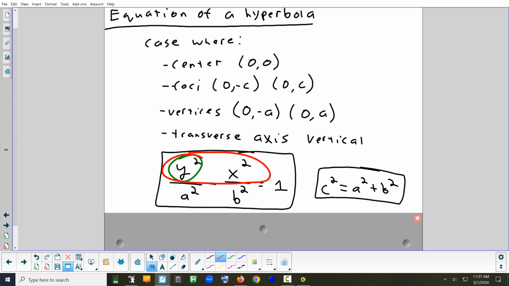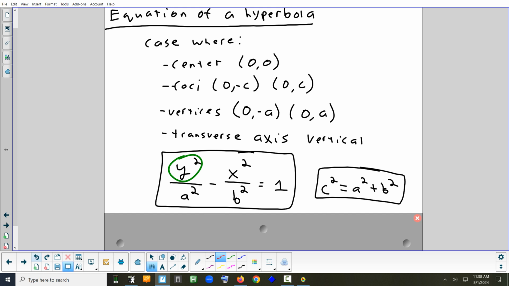These switched places, the x squared and the y squared. Because the y is positive, that makes the transverse axis go in the y direction, up and down. All right, so we'll try a couple of those, and then we'll finish up with the ones where it is shifted.